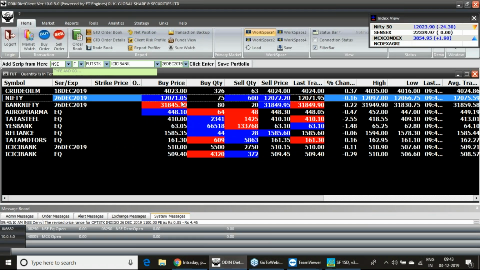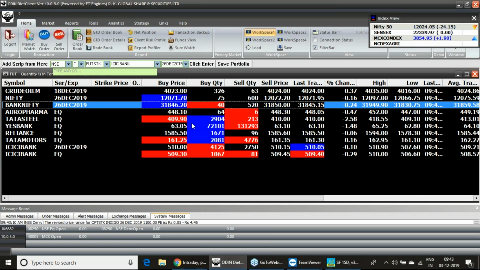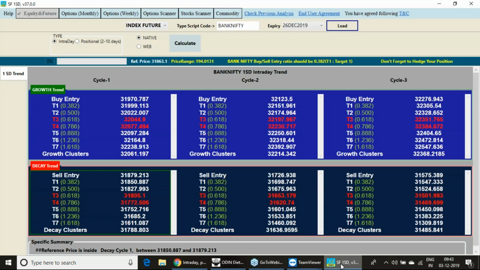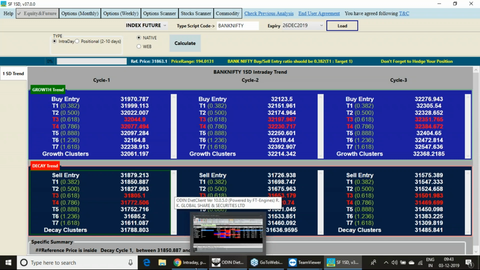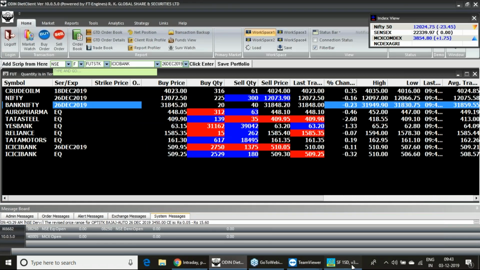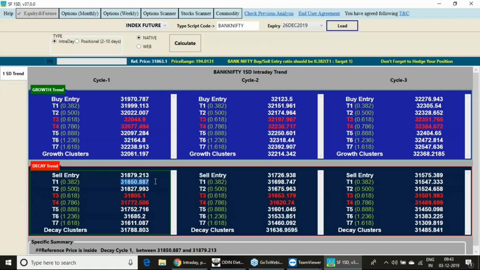So Nifty is in a downtrend, and Bank Nifty is at 31,845. This is also at a downtrend breakout. The downtrend breakout has been given. So once the downtrend breakout has been given, you must sell Bank Nifty now along with buying the 31,900 call option, or you can also sell the 31,800 put option or the 900 put option.